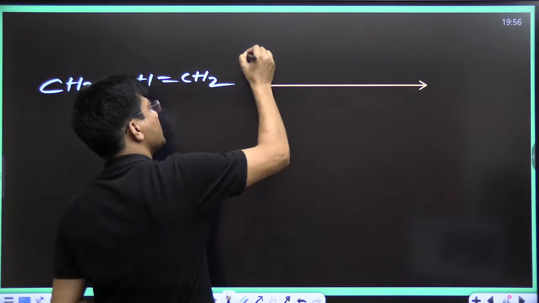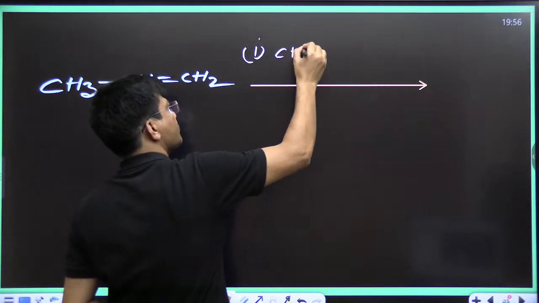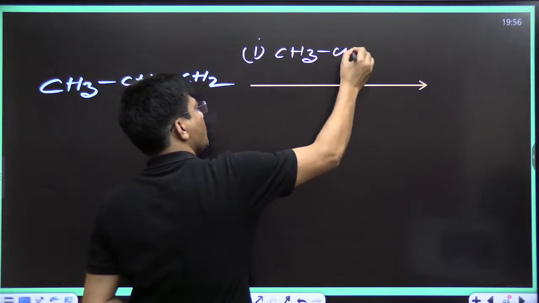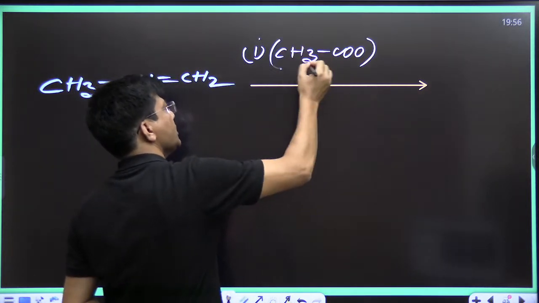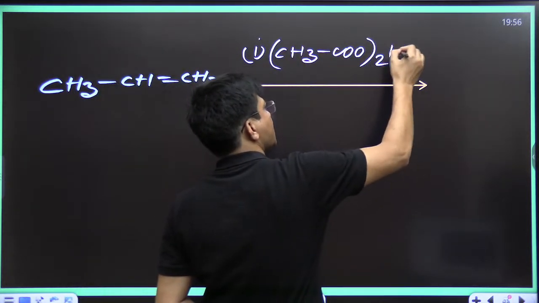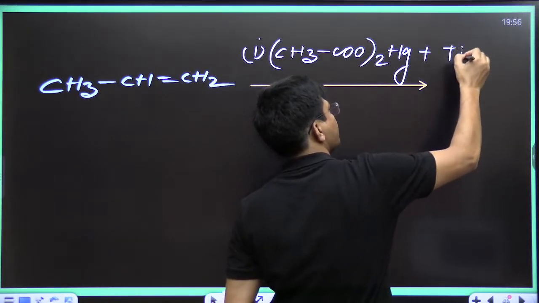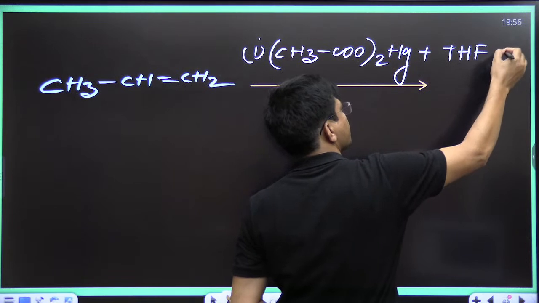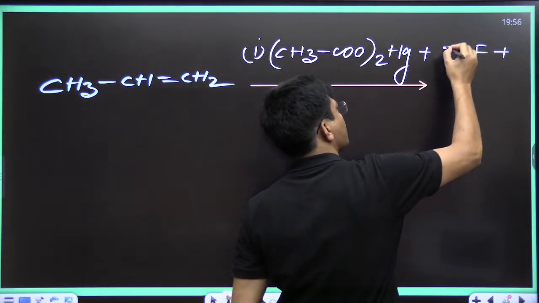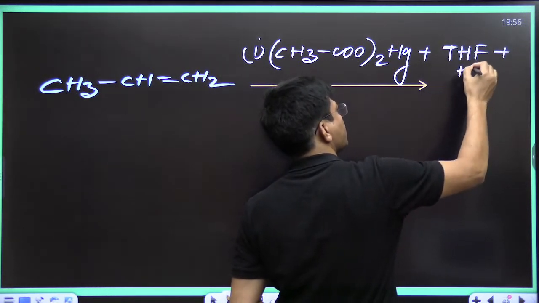First is mercuric acetate, that is (CH3COO)2Hg, plus THF plus water.